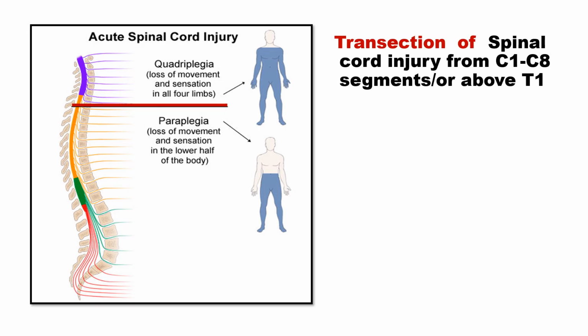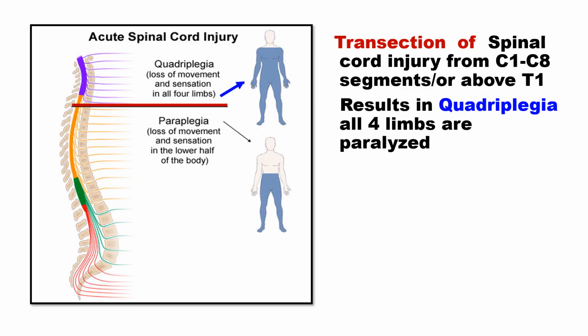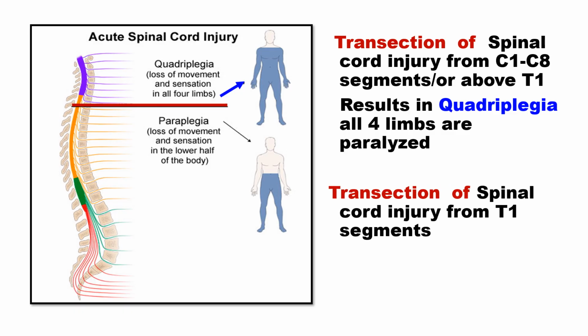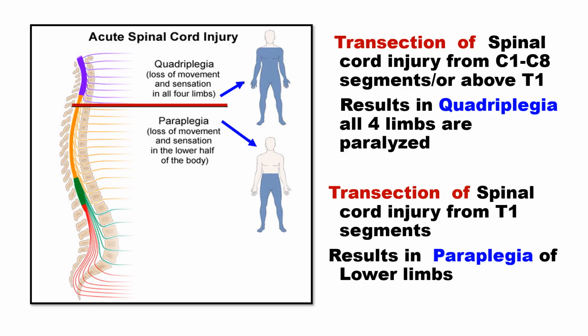So complete spinal cord injury, transection of spinal cord at the level from C1 to C8 or above T1, can lead to quadriplegia, results in paralysis of all four limbs. Transection of spinal cord injury at T1 segments and below can lead to paraplegia.